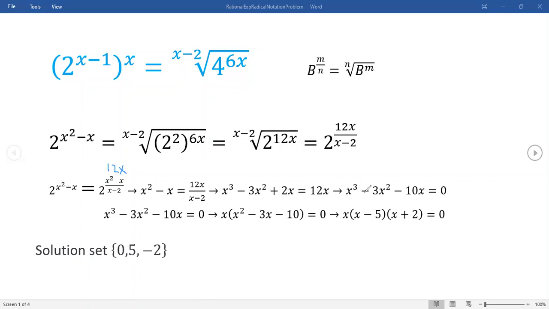When you collect like terms, we get a cubic equation where everything factors nicely, and we get this result right here. And notice that since this is in factored form, we have 3 candidate solutions to the original equation: 0, 5, and -2. All right. Now let's go to the next screen and let's check some of these answers.